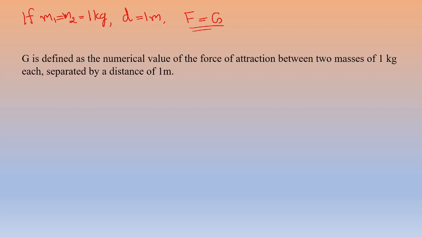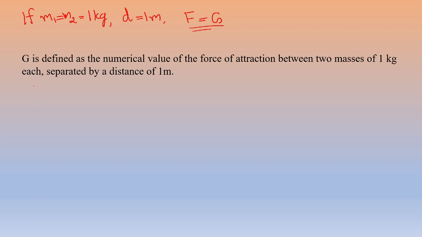So that is the definition of the gravitational constant. That is, G is defined as the numerical value of the force of attraction between two masses of 1 kilogram each separated by a distance of 1 meter.